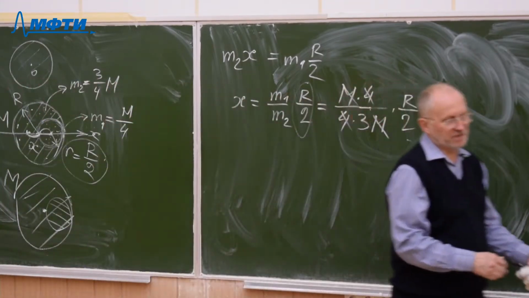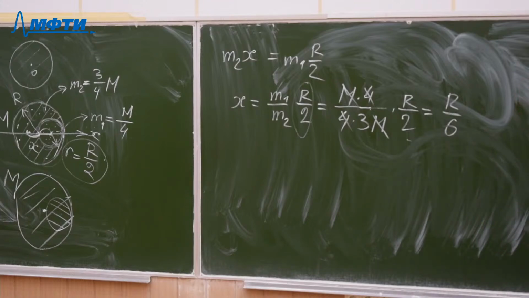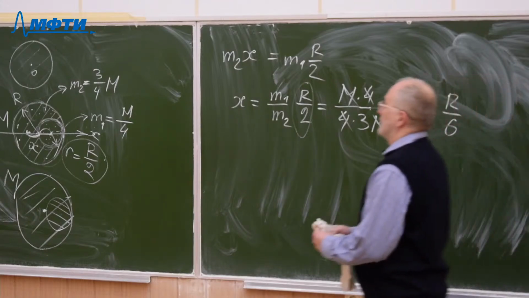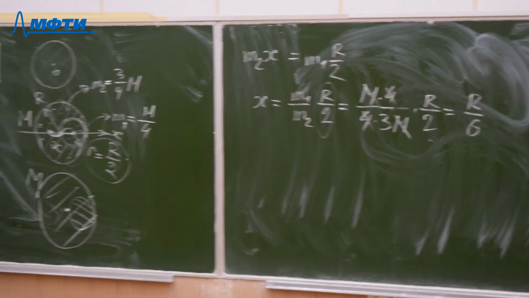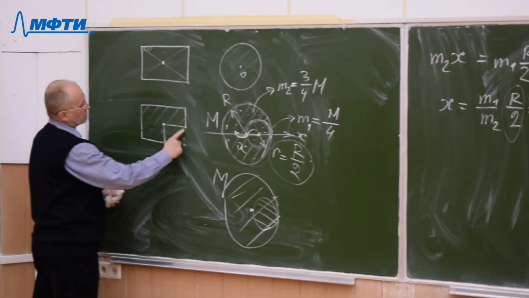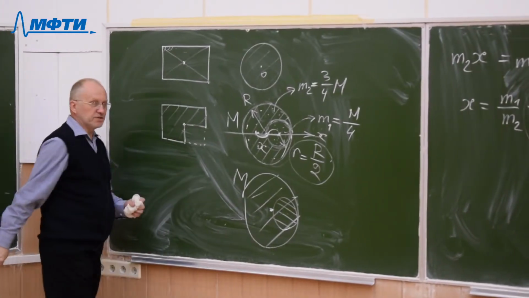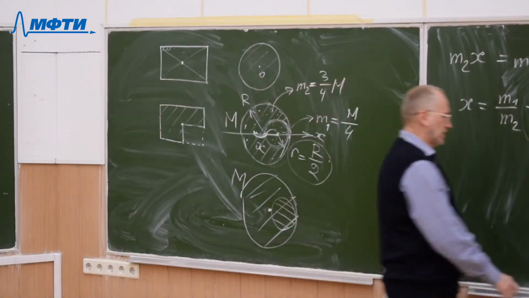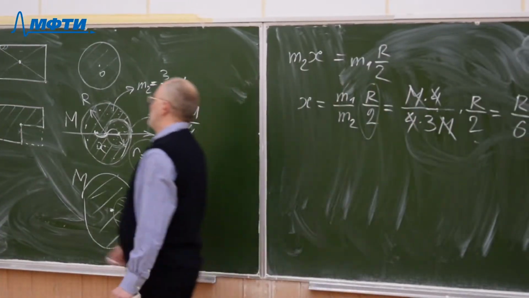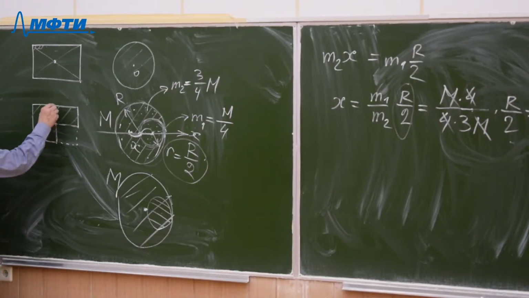That is, manipulating with positive and negative masses, we can calculate the position of the center of mass of different figures, including this one. Here we also have to manipulate with the negative mass added here. Or we can use some other considerations. We can consider this figure as consisting of two rectangles.